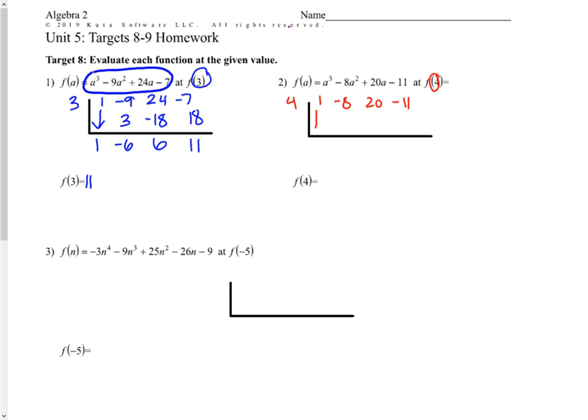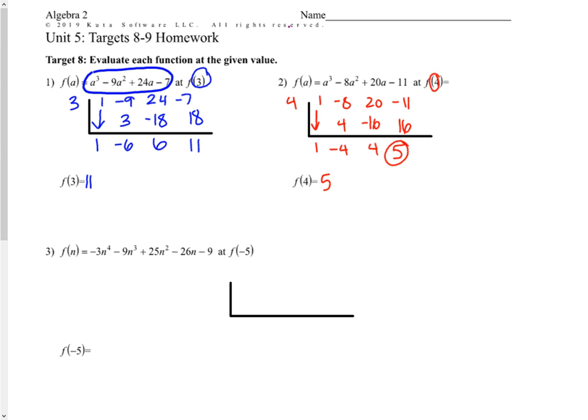Always drop that first number, so I drop the 1, multiply it on the outside. 1 times 4 is 4. -8 plus 4 is -4. -4 times 4 is a -16. 20 minus 16 is 4. 4 times a positive 4 is 16. -11 plus 16 is 5. Your remainder is your answer, so f of 4 equals 5.